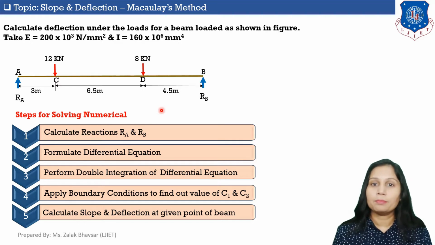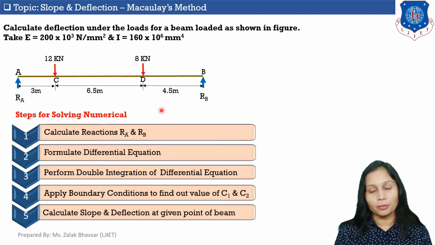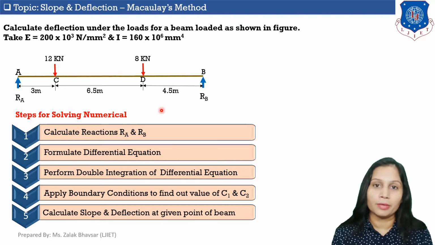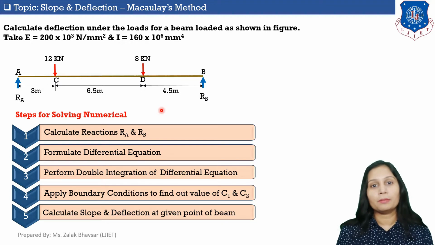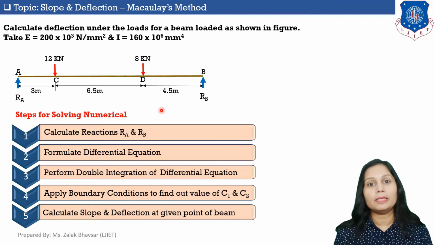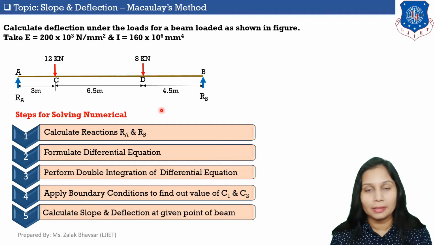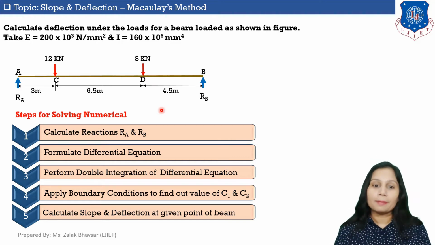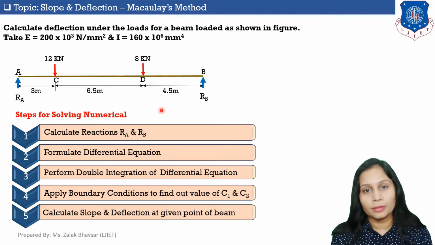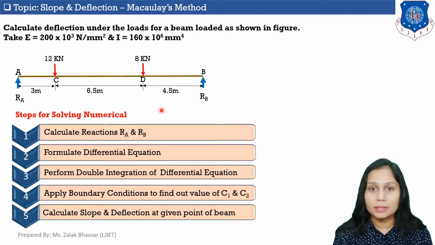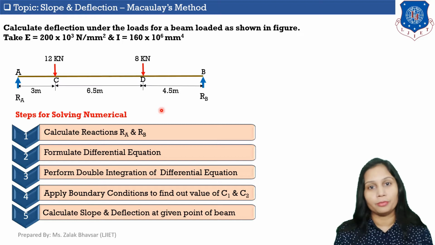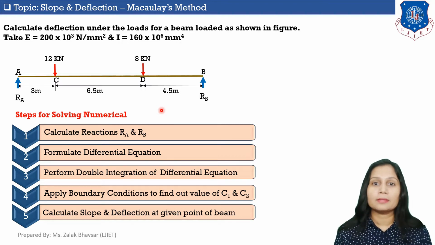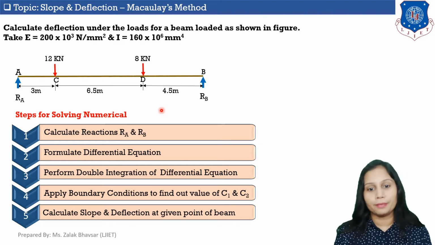Then in step number 2, we will form one differential equation. And in step number 3, we will perform double integration of the differential equation. In step number 4, we will calculate value of C1 and C2, which are integration constants, by applying boundary conditions. And in step number 5, we will calculate slope and deflection at a given point of a beam.